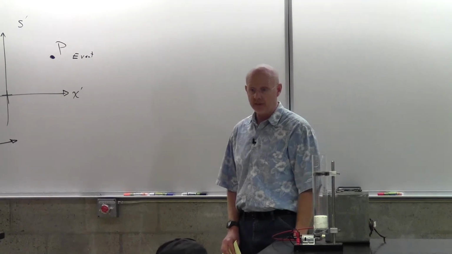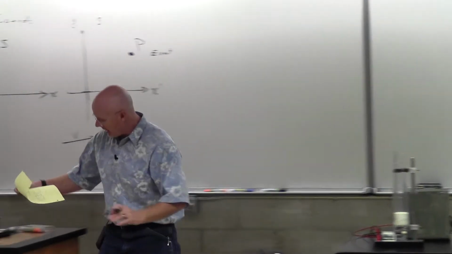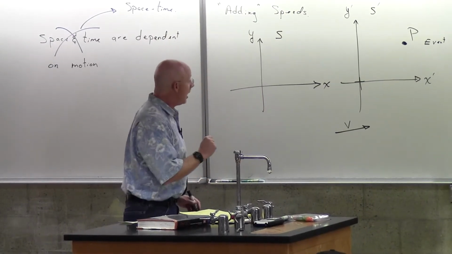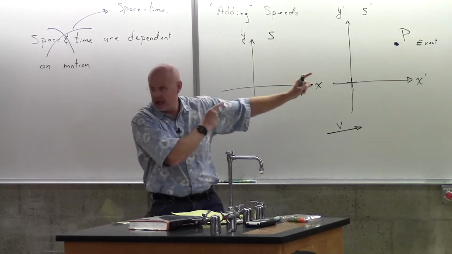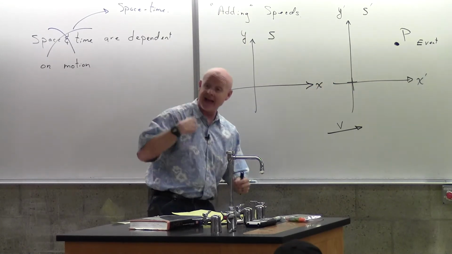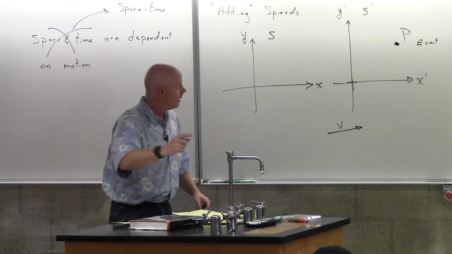V for velocity. Here's where the notation, I think, needs some clarification, because v is not the velocity of the bird. You got that? V is the velocity that I am moving relative to you.